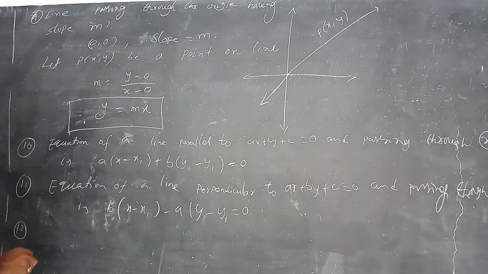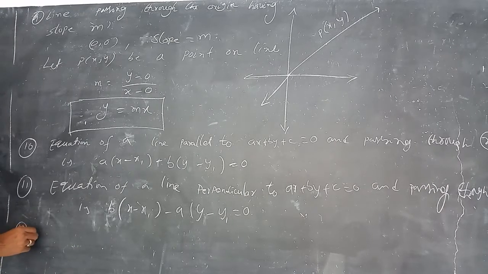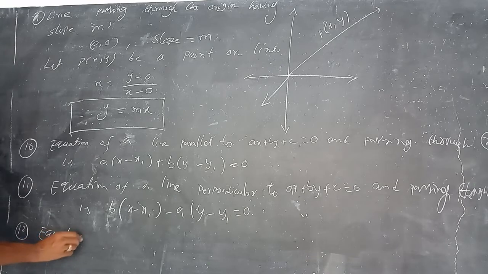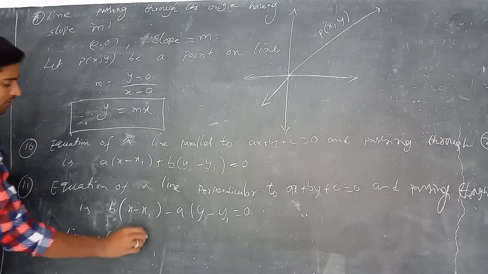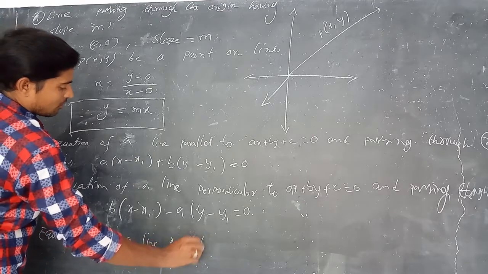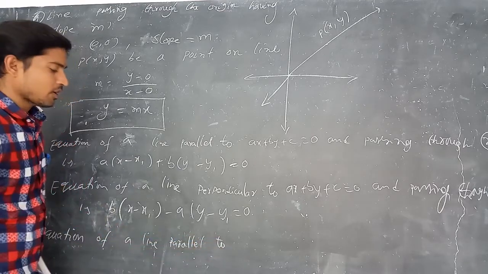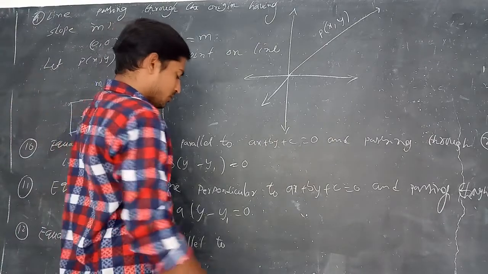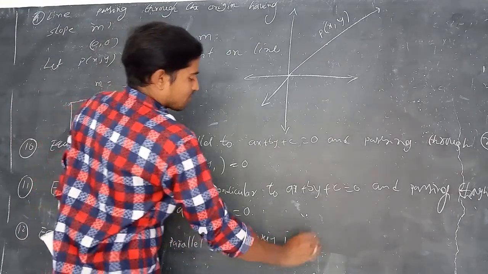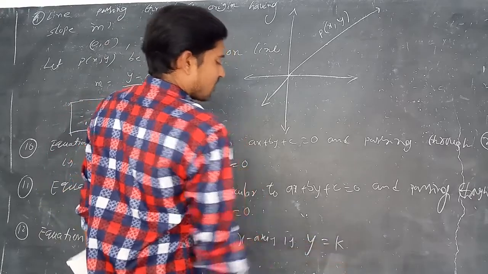Equation of a line parallel to x-axis is y equal to k.